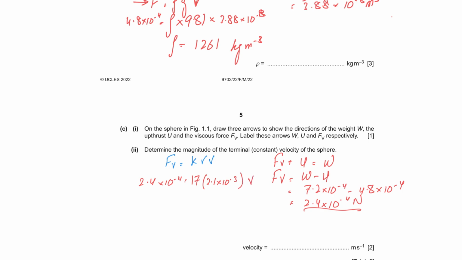We'll make V the subject of the equation and solve for V. The speed or the terminal velocity comes out to be 6.7 into 10 raised to the power minus 3 meters per second.